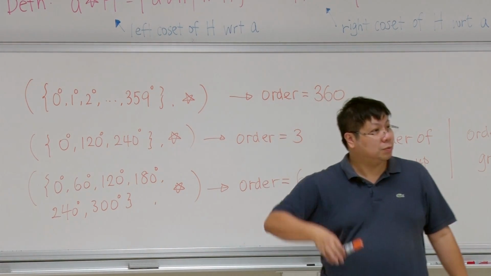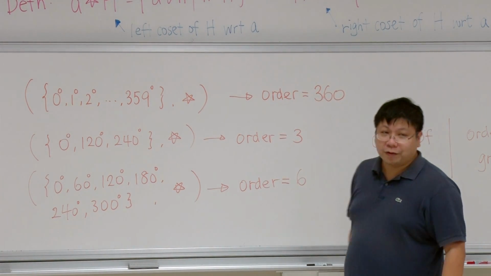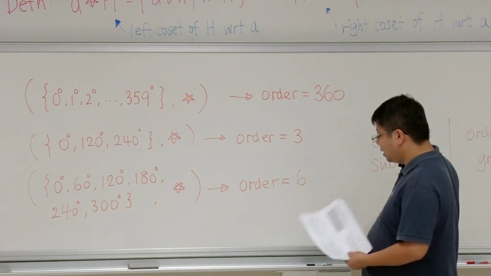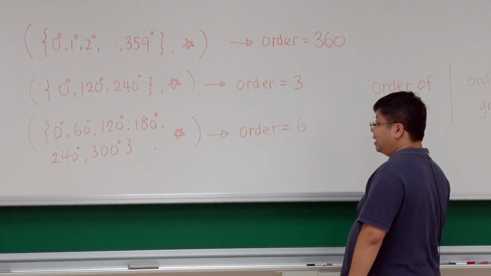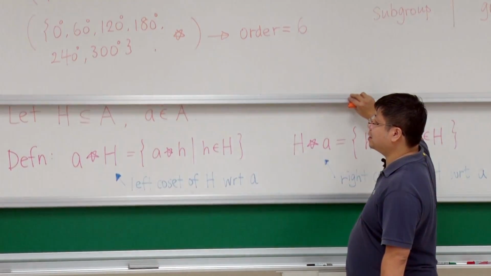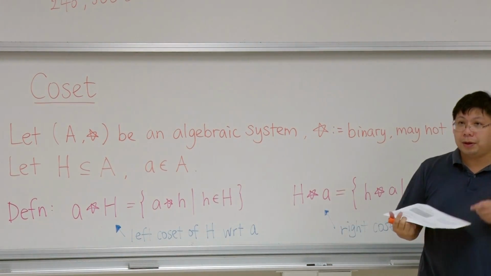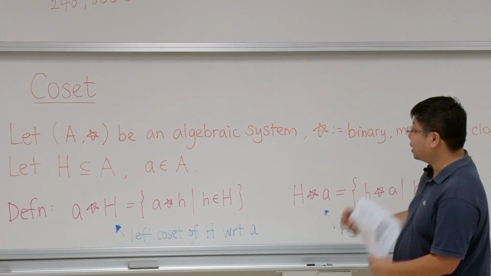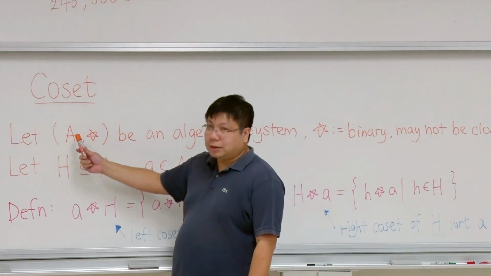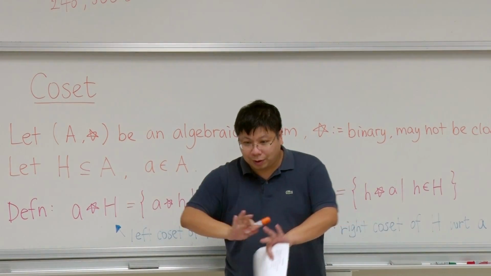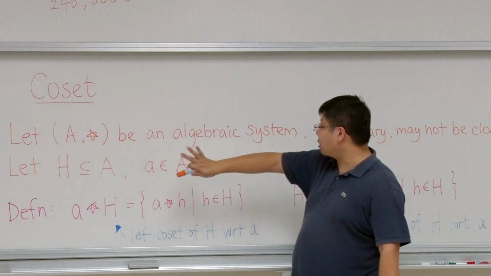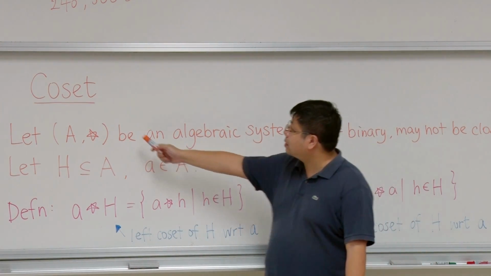To prove this, we just need a little helper, a concept called coset, which helps us show Lagrange theorem is correct. So what is a coset? Let's go back to more basic things. We are not talking about groups when we define cosets.